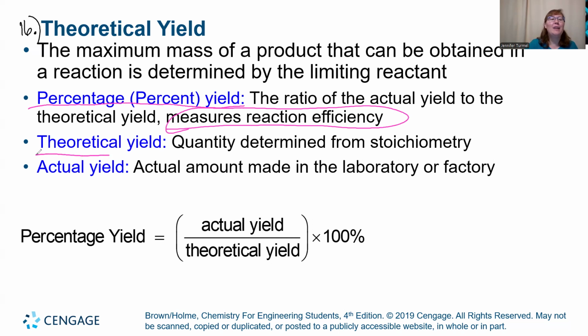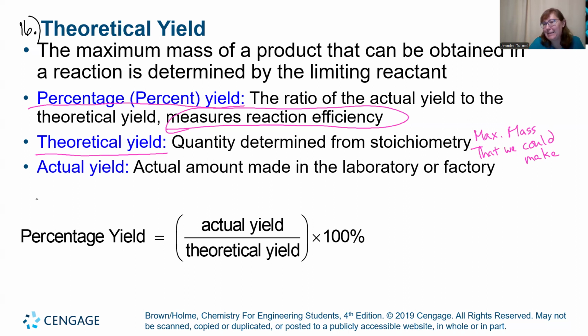Okay. Our theoretical yield is the quantity determined from stoichiometry. It's the maximum mass that we could make. But you really never make the maximum amount. You just don't.